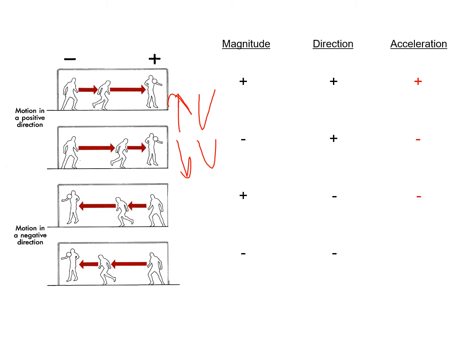If you're falling, let's say you decided to jump off a ledge, and you're traveling downwards, you have a negative acceleration. Common one with this is gravity. Gravity accelerates at negative 9.81 meters per second squared. It's pulling you down. And then finally, if you have a negative magnitude and a negative direction, you have a positive acceleration.